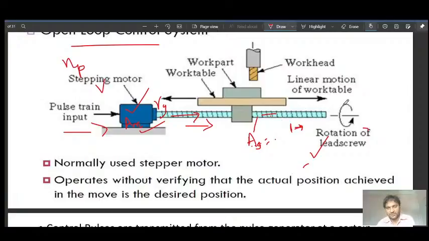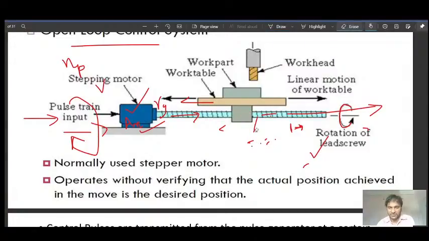So in the present case, suppose we observe it from the motor side and rotate clockwise, then the table will move in this direction.